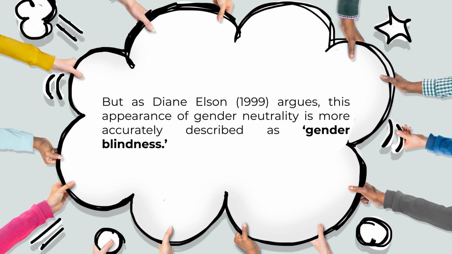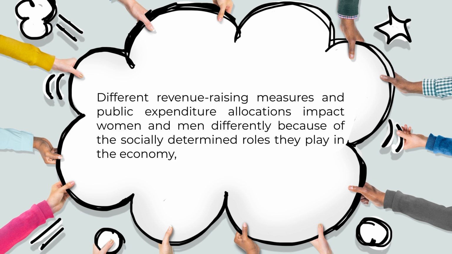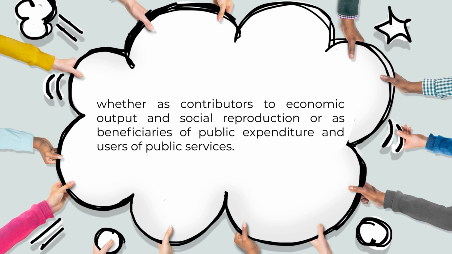But Diane Elson, 1999, argues this appearance of gender neutrality is more accurately described as gender blindness. Different revenue raising measures and public expenditure allocations impact women and men differently because of the socially determined roles they play in the economy, whether as contributors to economic output and social reproduction, or as beneficiaries of public expenditure and users of public services.